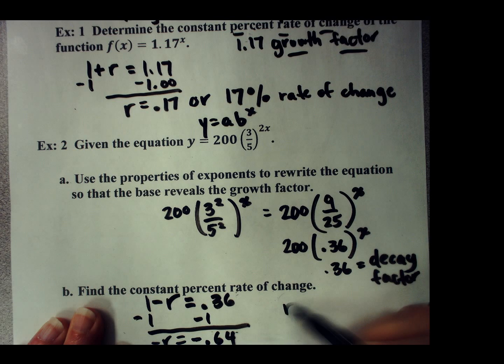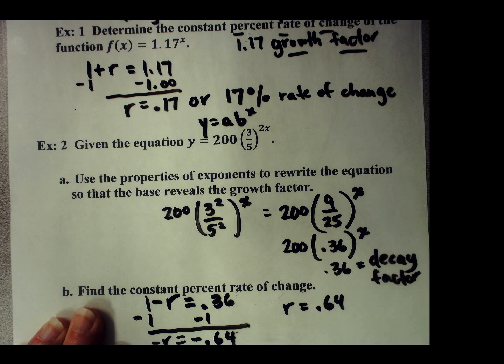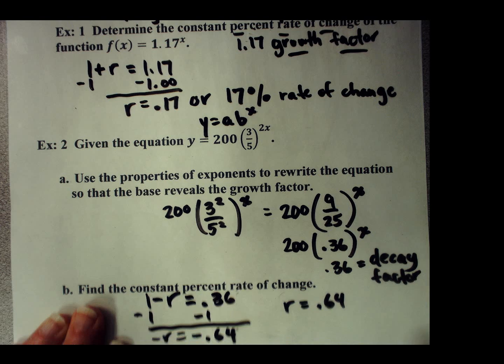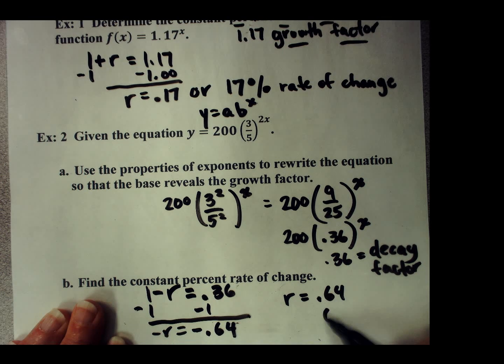Divide, we got r equals 0.64, which is what percent? Move it 2 to the right. 64% it decayed.